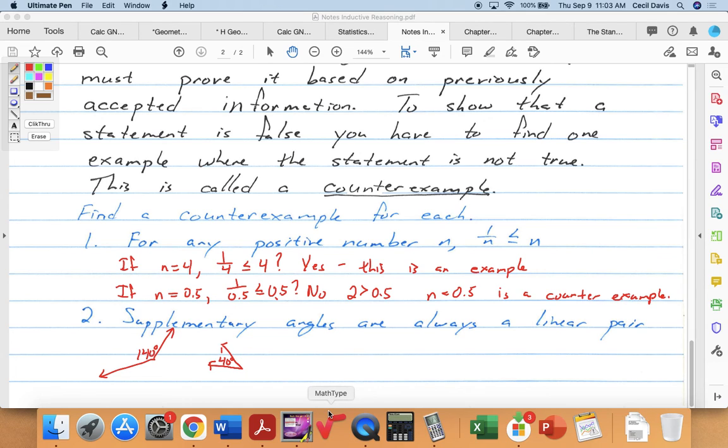Are they supplementary? Yes. Are they a linear pair? No. So this is a counterexample.